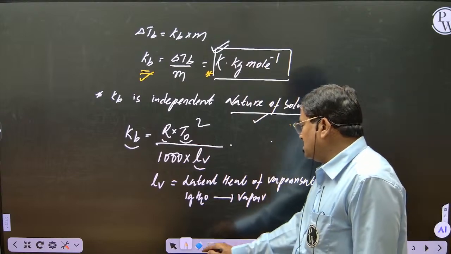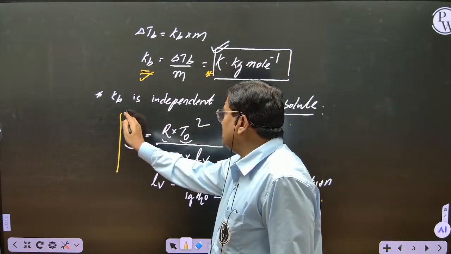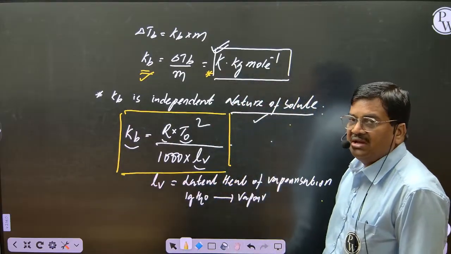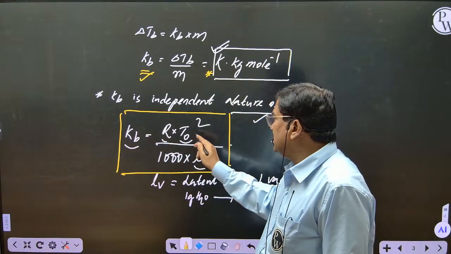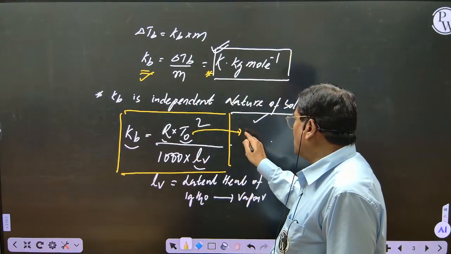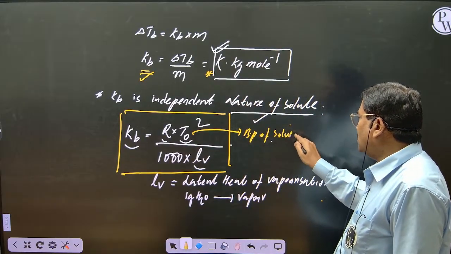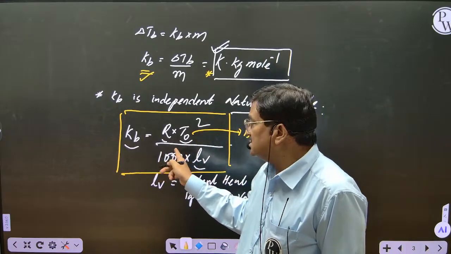This is important. From this relation we may get numericals on Kb. Keep it in a box. Where R is the universal gas constant, T naught is the boiling point of the solvent. Now tell me, students, if water is the solvent, what should I consider? 100 degrees Celsius.